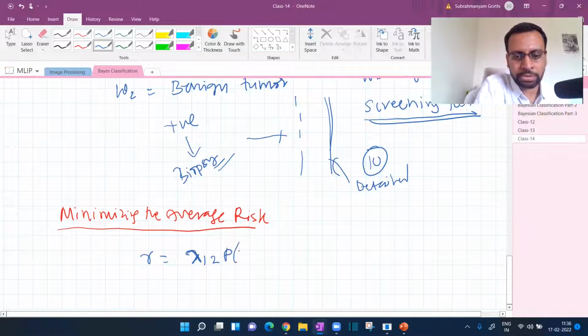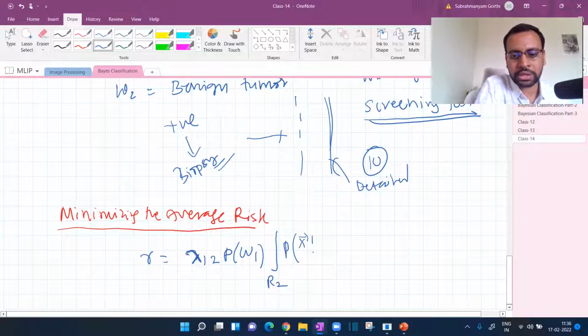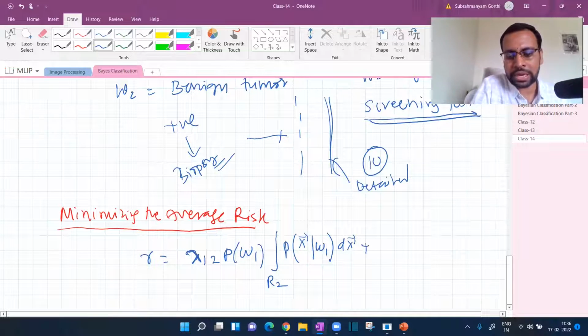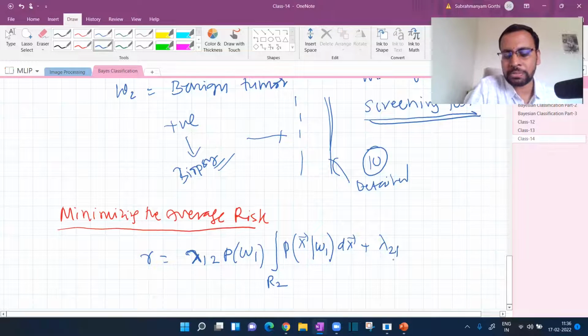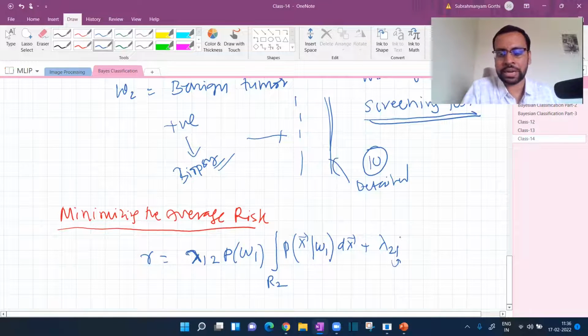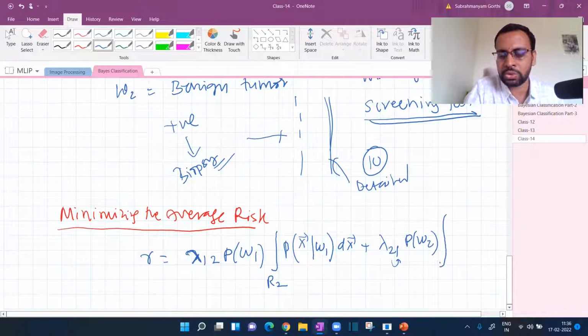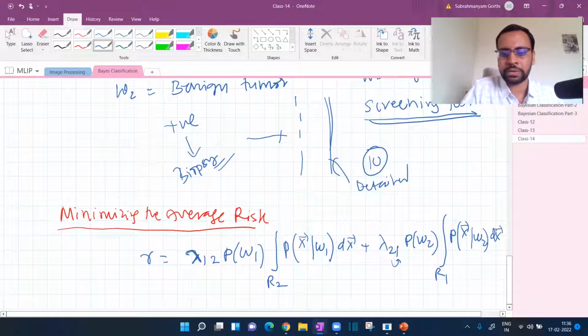Then of course there is the probability of omega 1, integral over R2, probability of x bar given omega 1 dx bar. And similarly, I have a different penalty for misclassification of the second class into the first class, which I indicate by lambda subscript 2 1, into probability of omega 2, integral over R1, probability of x bar given omega 2 dx bar.